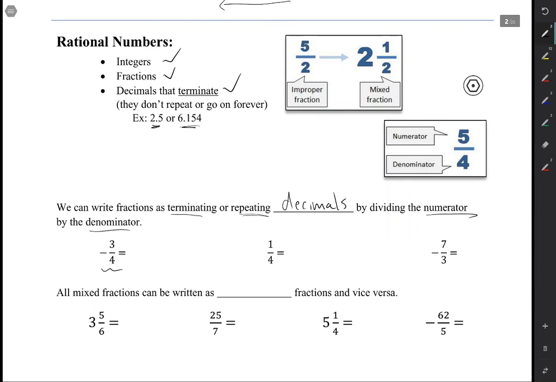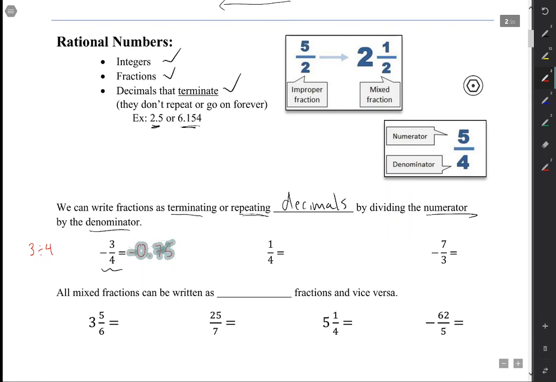In your calculator, you would do 3 divided by 4, because we talked about how the little line in a fraction is divide. If you put that in your calculator, you're going to get 0.75. And make sure you include that negative sign out front. It's chilling out front, so we'll just tack that on there.